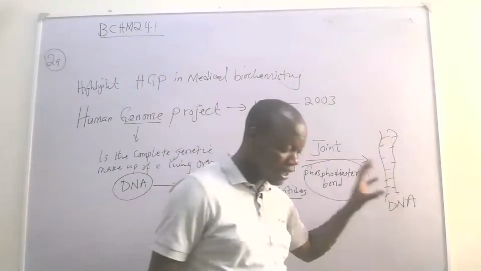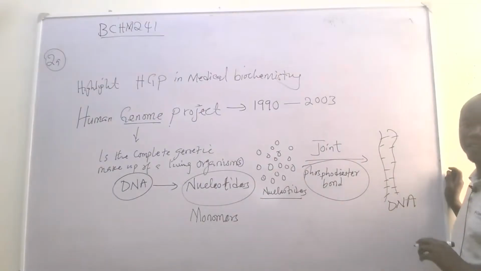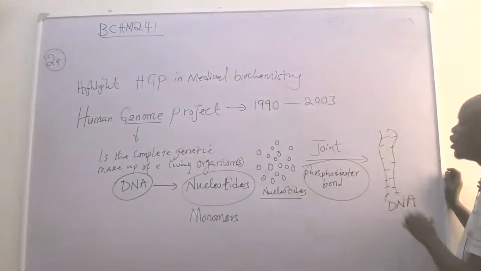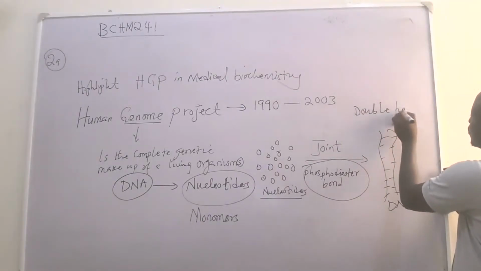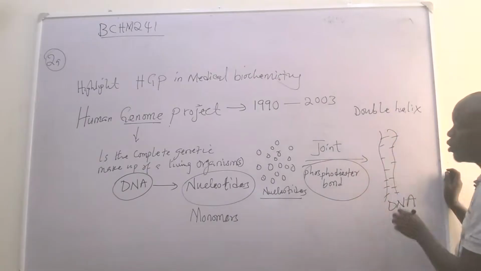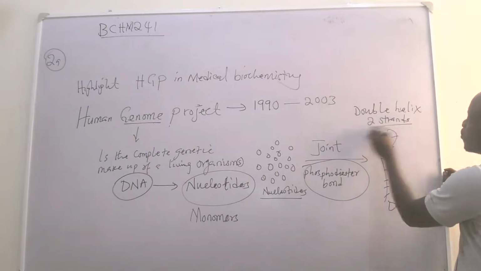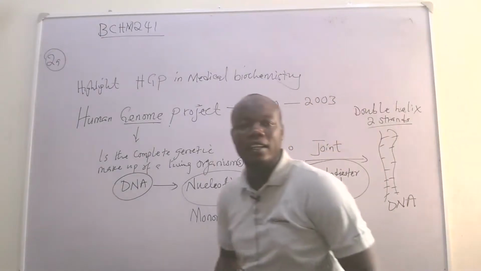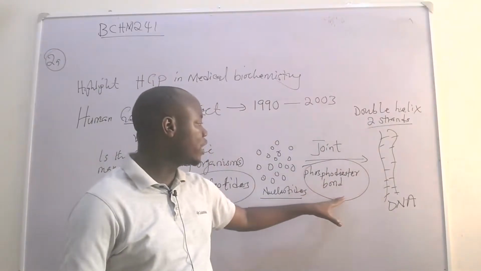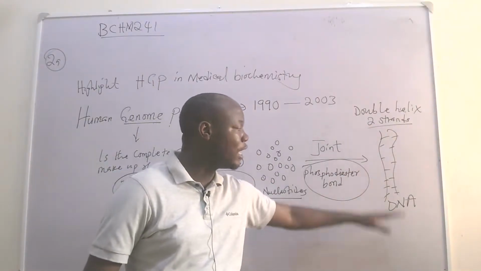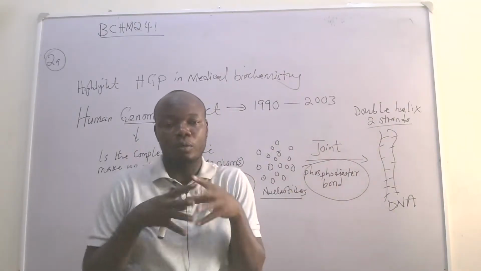And one very interesting thing, ladies and gentlemen, you should know that the DNA is a double helix. When you say it is a double helix, it means that it is made up of two strands. They are joined by phosphodiester bonds, and this DNA is double helix, that is, it's made up of two strands that join themselves complementarily.